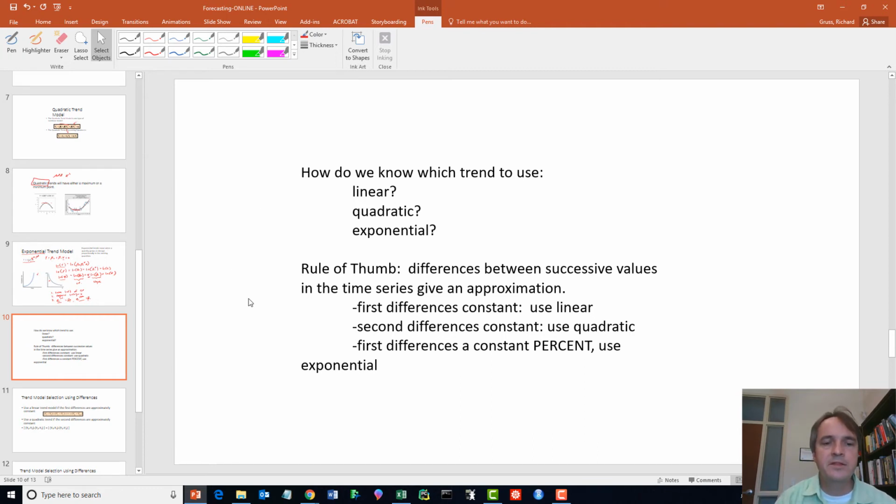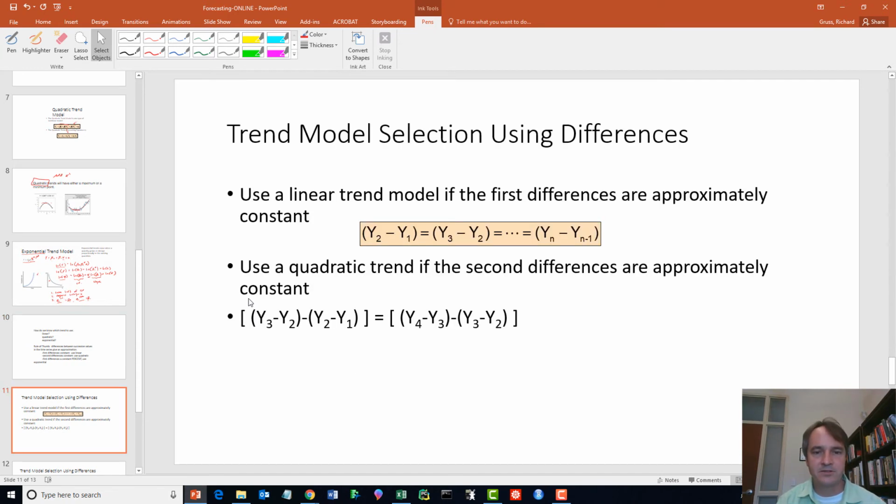But there's also a way that you can look at the sequential values and use the difference between those values as a way of judging whether you should use linear, quadratic, or exponential. And so the rule of thumb is just this. If the difference between the values, so the jump from 1 to 2 is the same as the jump from 2 to 3, et cetera, then that's a linear trend.